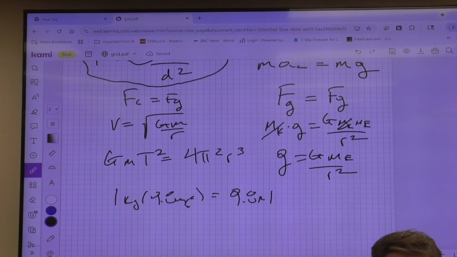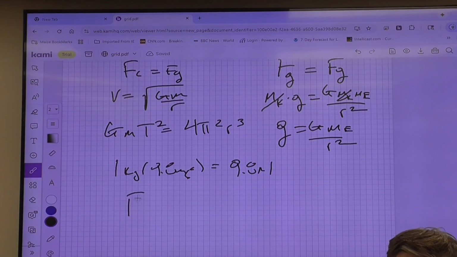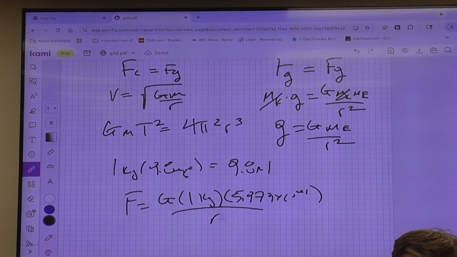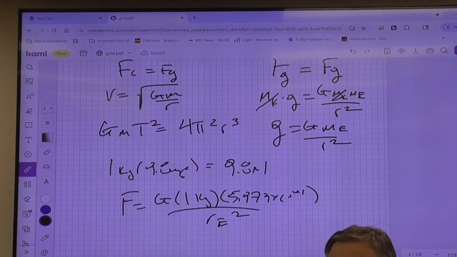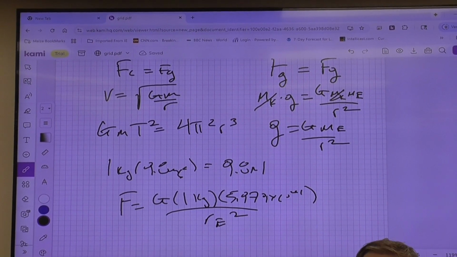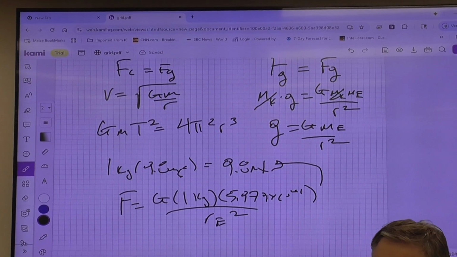The other way you could do this is, Burkamp, I want to go old school. You could take big G times 1 kilogram times the mass of the Earth, divided by the radius of the Earth squared. It's a lot of math, but if you did this, you would still get 9.8 newtons.